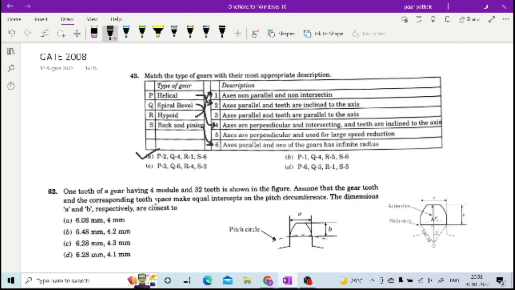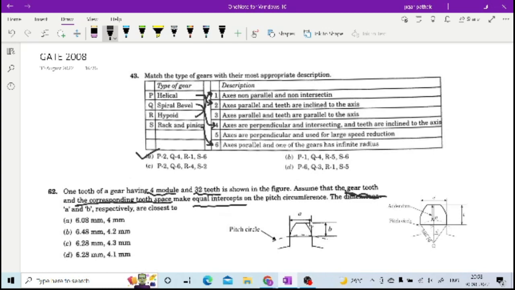So what is given here is, you are given the module, you are given the number of teeth, and you are given that the gear tooth and the corresponding tooth space are making equal intercepts right here.